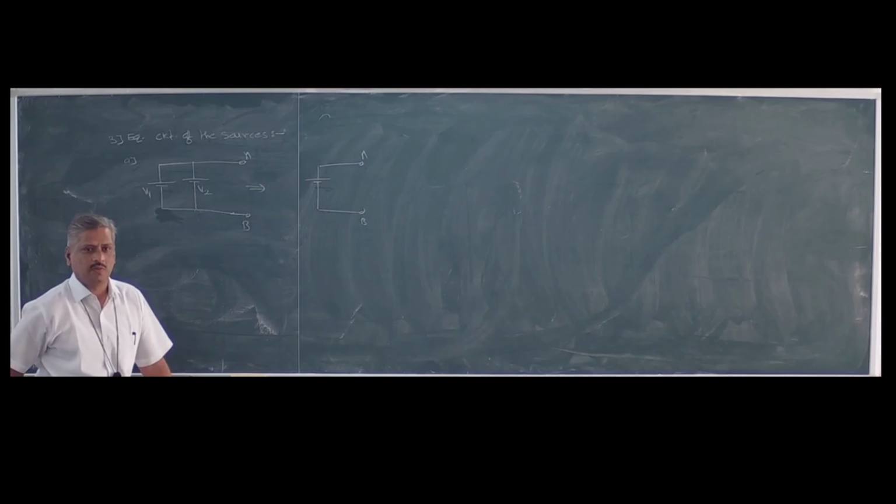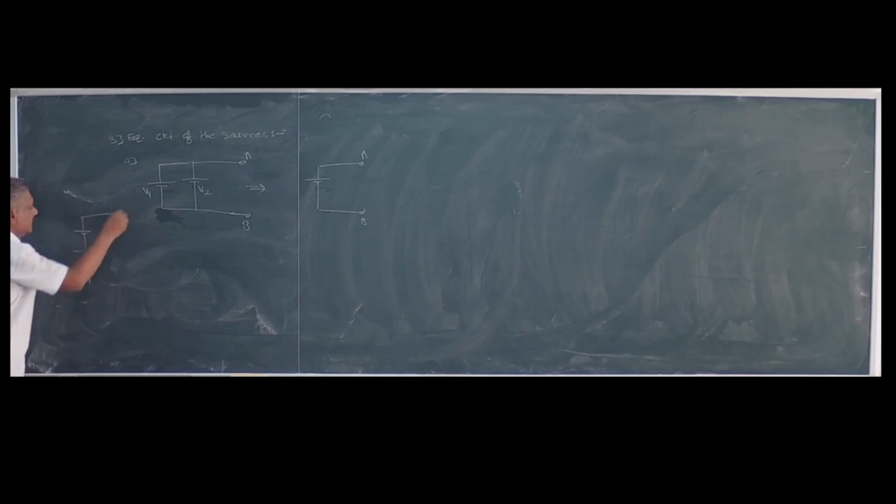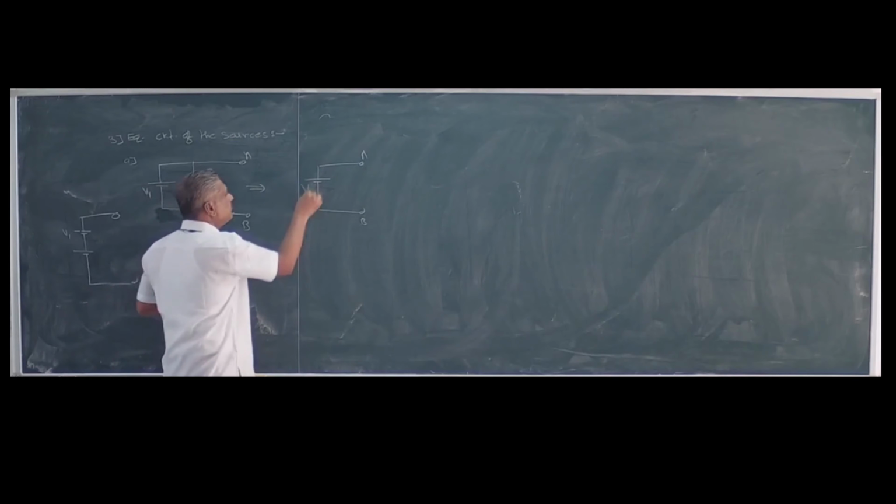Is it right? Yes or no? It is not like that. Whenever we have the sources, this is one and this is other, in this case, V1 plus V2 is applicable. Or maybe depending on the polarity, if it is negative, positive, it will add or it will subtract. But in this case, this is V only.